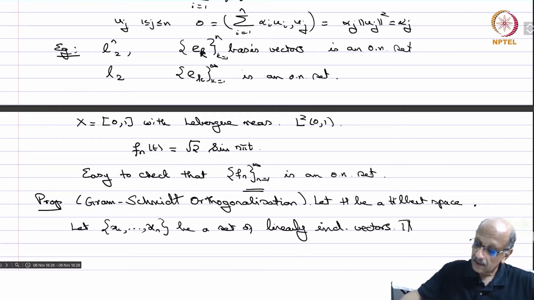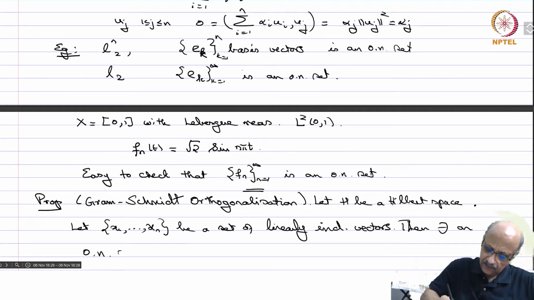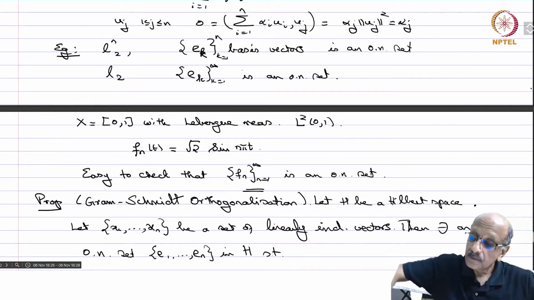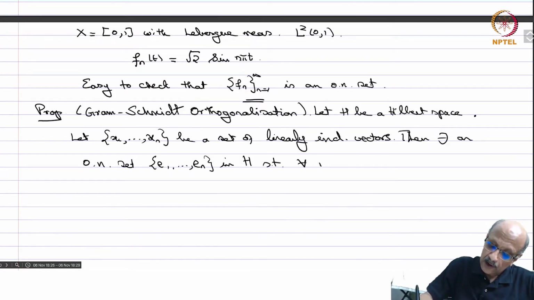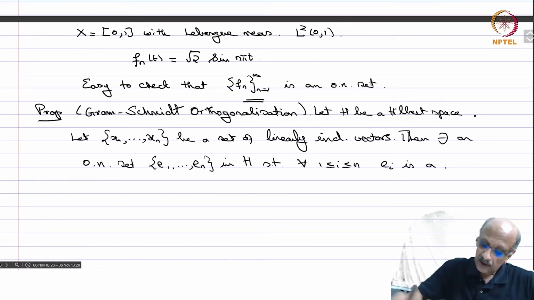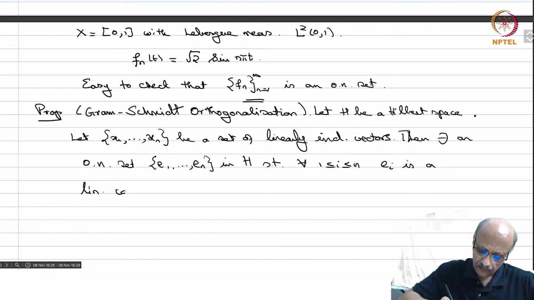Then there exists an orthonormal set e1, ..., en in H such that for every 1 less than or equal to i less than or equal to n, ei is a linear combination of x1 to xi.